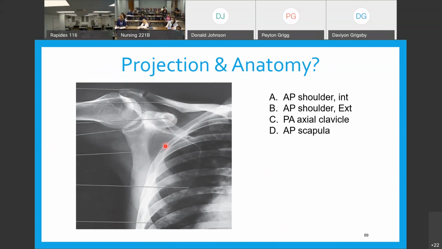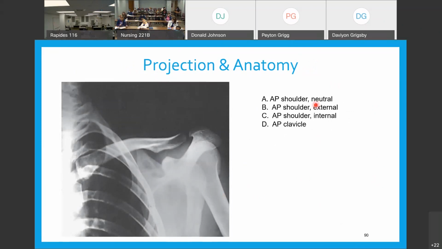Say it. AP scapula, very good. So you're learning. The arm's going across, so it's out of the way. I crosshair it. It hits about 2 inches below the coracoid, so it's not a shoulder because the shoulder said 1 inch, right? And we see the entirety of the scapula. And it's pulled laterally as much as it can with this movement. So that's a pretty good one.